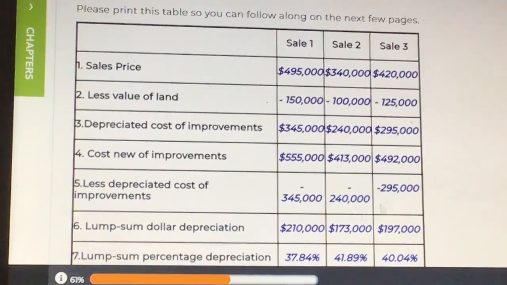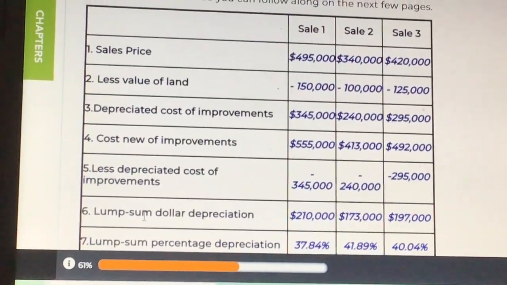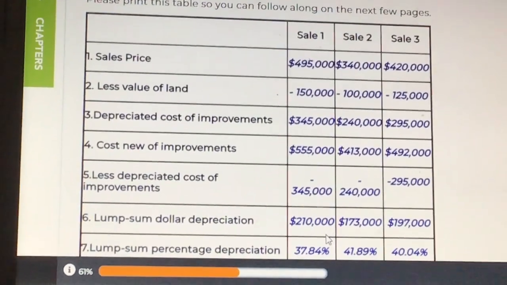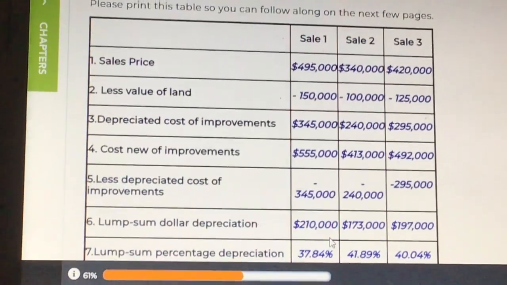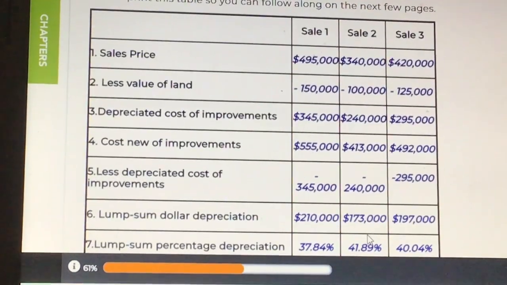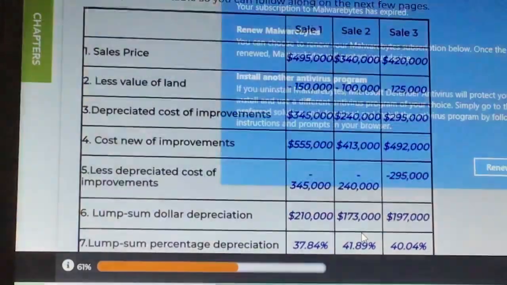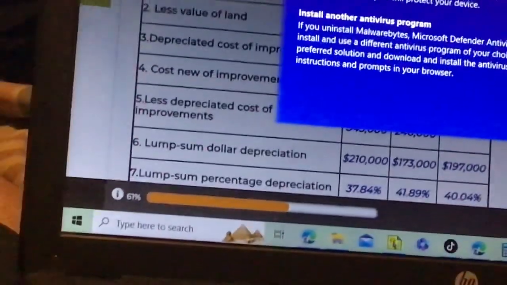Row 6 says lump sum dollar depreciation. Sale 1, $210,000. Sale 2, $173,000. And sale 3, $197,000.